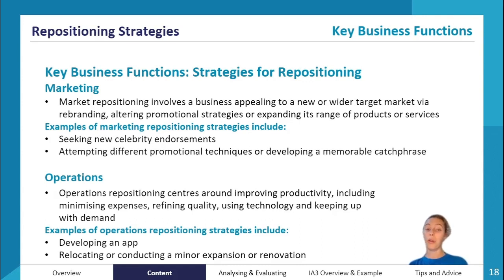And you could also relocate or conduct a minor expansion or renovation to whatever shop front or facility you may have, even warehouses and things like that, to make things faster.